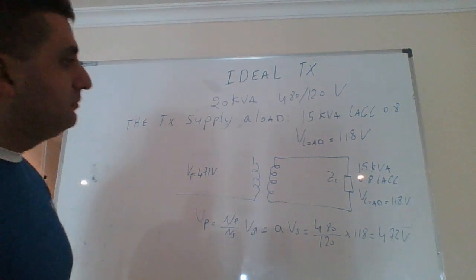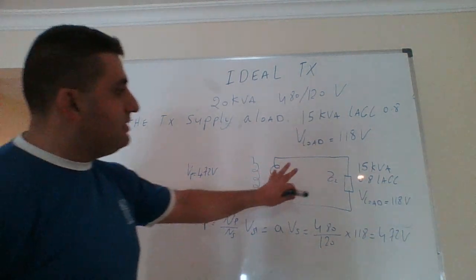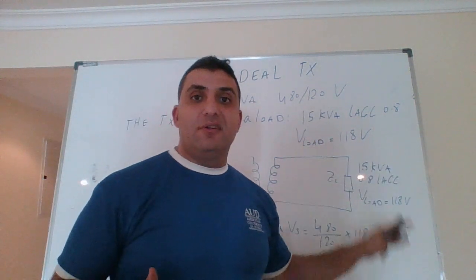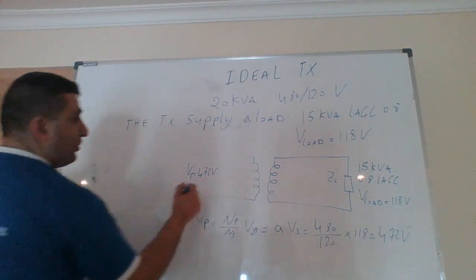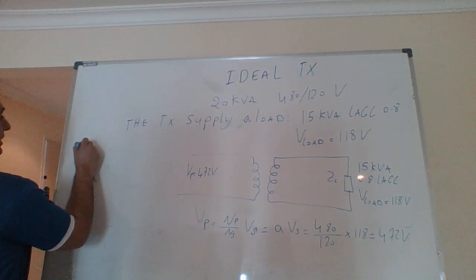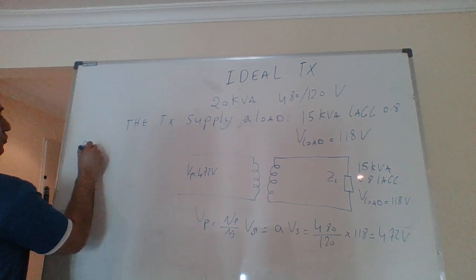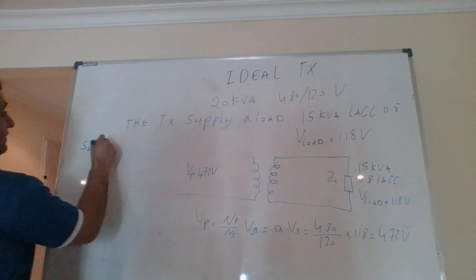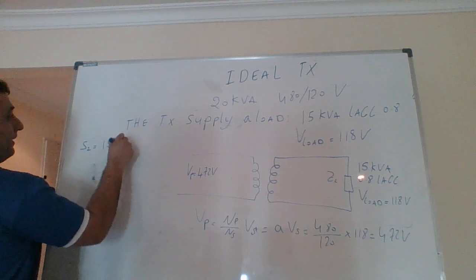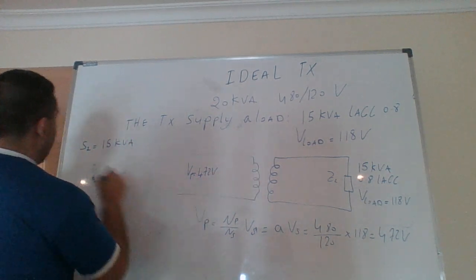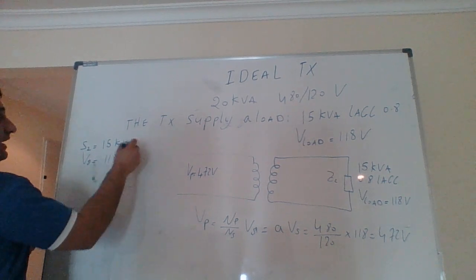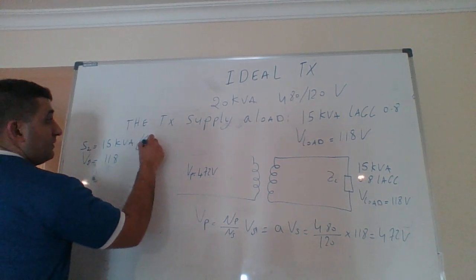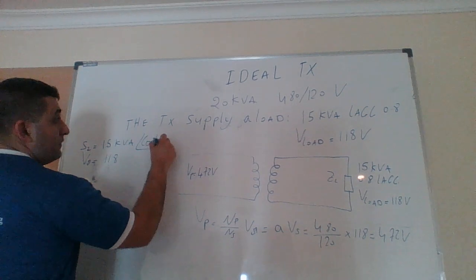All I have to do now is use circuit analysis. For the secondary side, I have S2 equal to 15 kVA, V secondary equal to 118, and the angle is inverse cosine of 0.8.